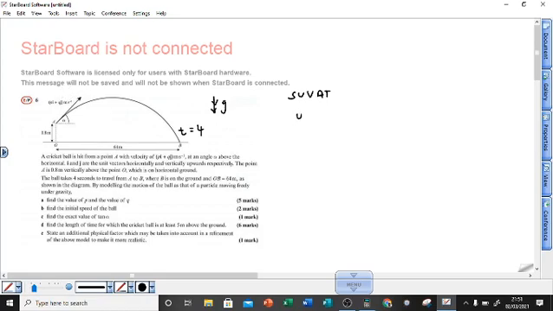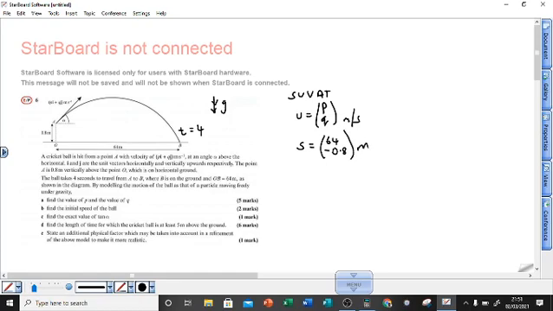We know that u is equal to pq meters per second. I know my displacement is equal to 64 and negative 0.8 because it's going downwards from that position there.